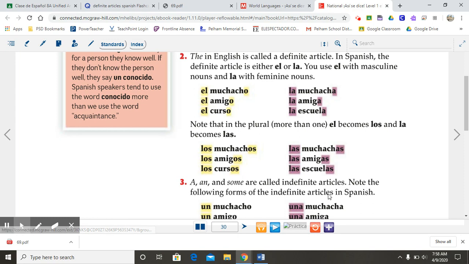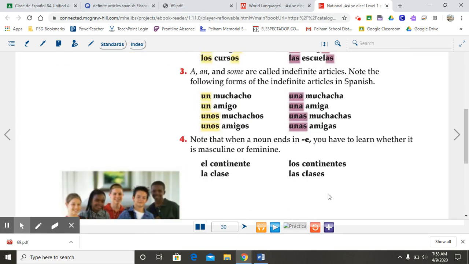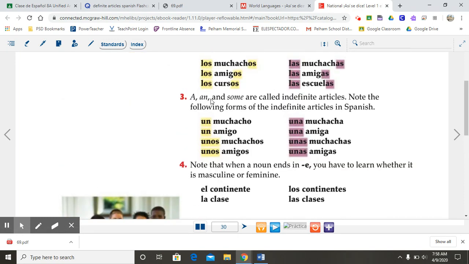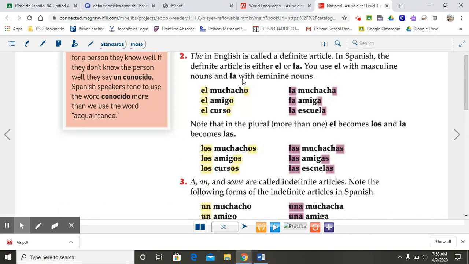Let's keep going. Now we're going to talk about indefinite articles. It says the words a, an, and some, these three words, are called indefinite articles. Note the following forms of the indefinite articles in Spanish. Sometimes you could be talking about something specific: the book, the boy, the friend, the course, the school, something you see, something that you're talking about specifically.